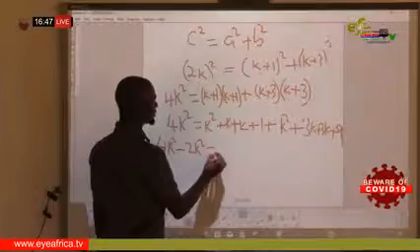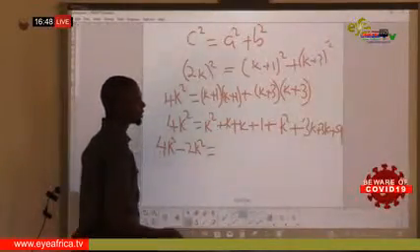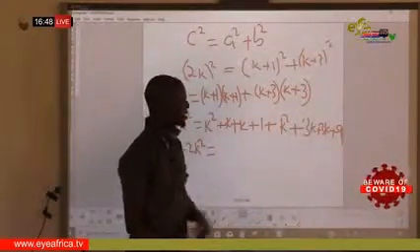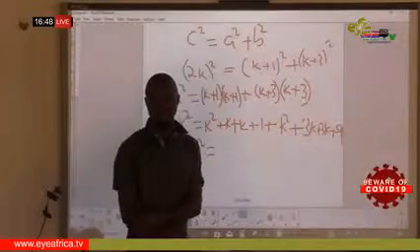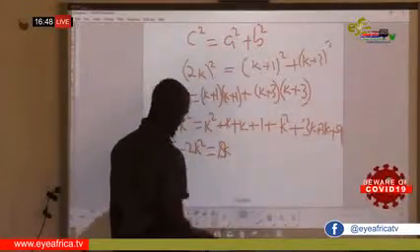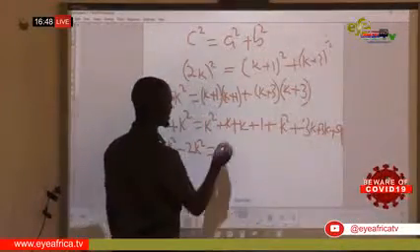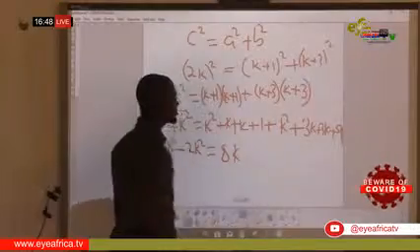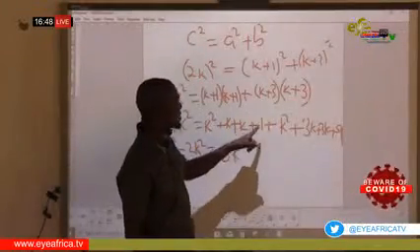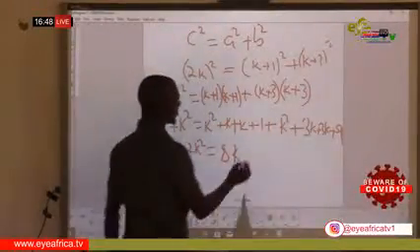Then this is equals to k plus k, that's 2k, plus 3k, that is going to give you 5k, plus another 3k is going to give you 8k. So you will have this as 8k. Then what is left? You will have 1 plus 9. That is the only thing left, and 1 plus 9 is 10.